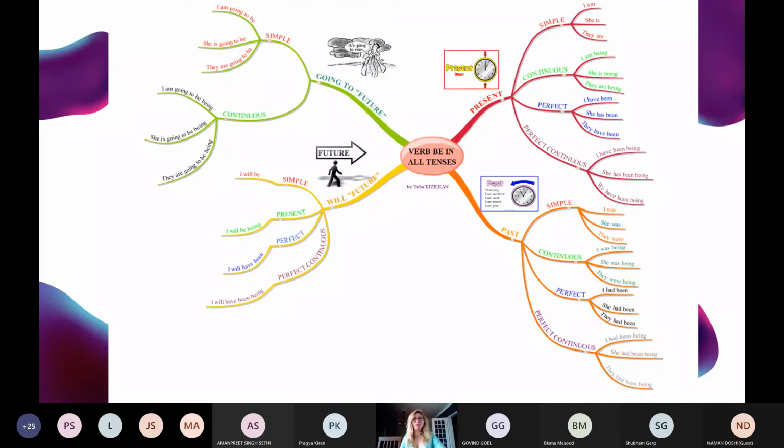For example, another one I've created is about a verb in all tenses. As you can see, I've written keywords like present, past, will future, and going to future, and I've added some subtitles like simple present, present continuous, present perfect, present perfect continuous, and so on.